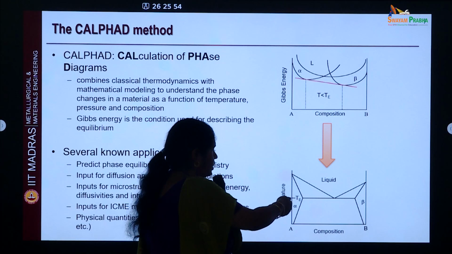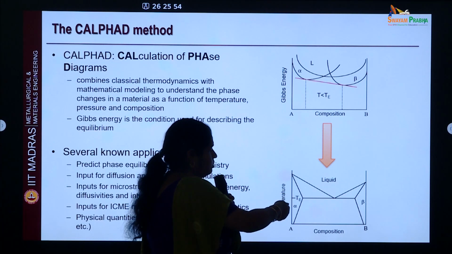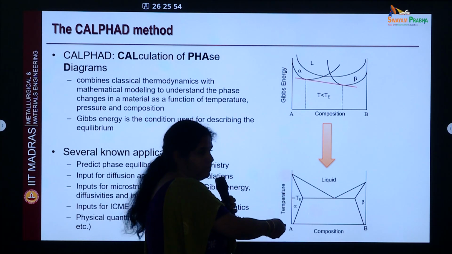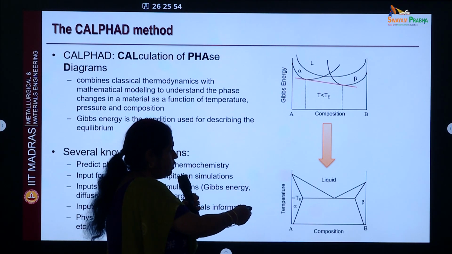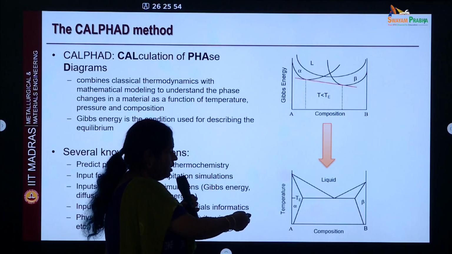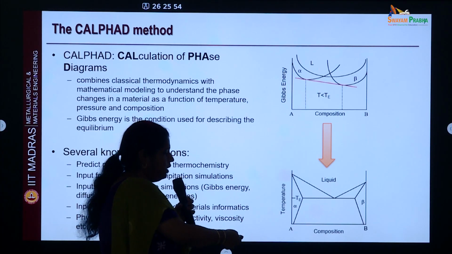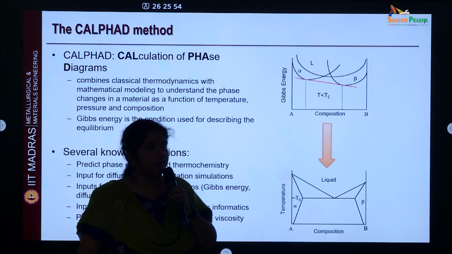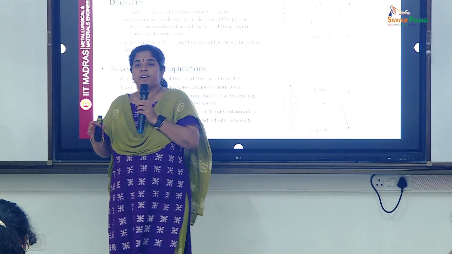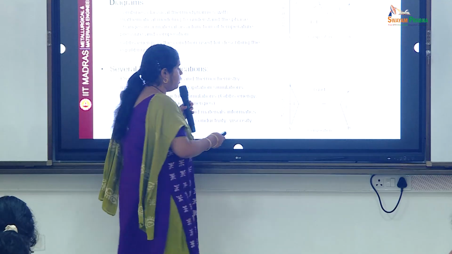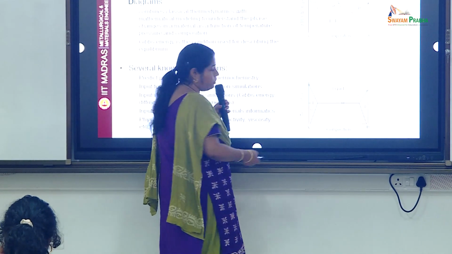But at this composition here, from liquid it comes to liquid plus alpha, then alpha plus beta. But if you are at the very corner, from liquid you cross the liquid plus alpha region a little bit, then go directly into alpha, then eventually towards the end you hit alpha plus beta.